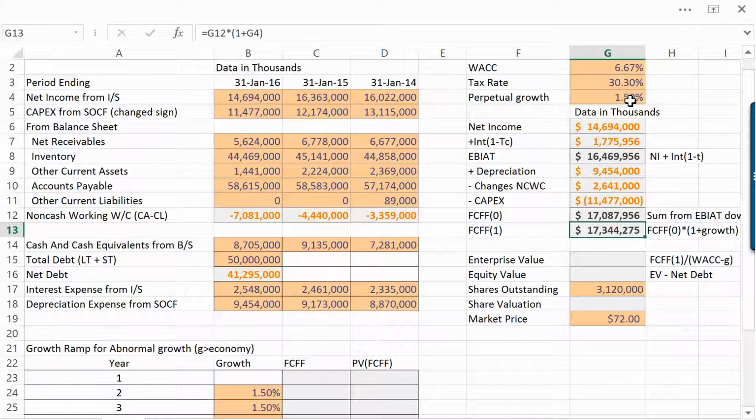Now, the overall growth rate of the economy is generally assumed to be about 2 to 3% in nominal terms. Just round numbers: maybe there's 1% inflation, so the economy grows due to inflation. Again, we're looking at nominal growth. You have 1% population growth, and say 1% productivity growth a year.